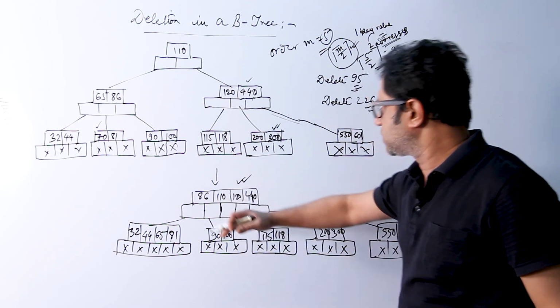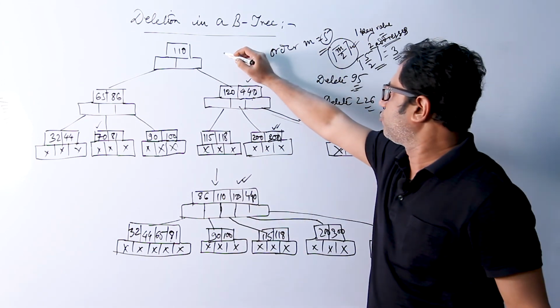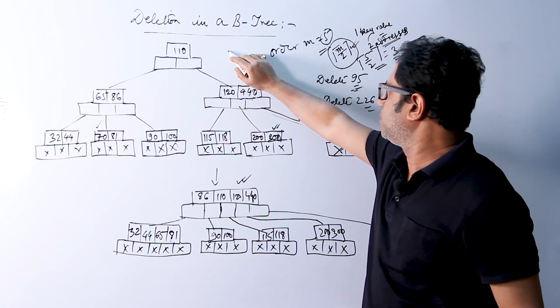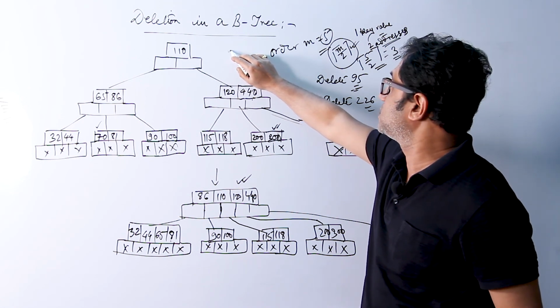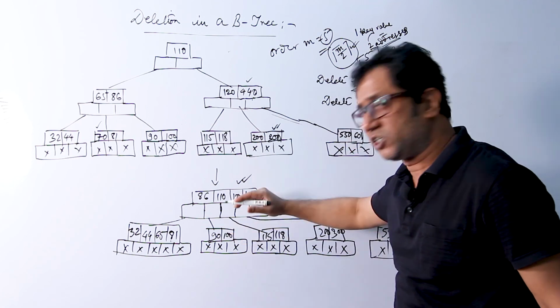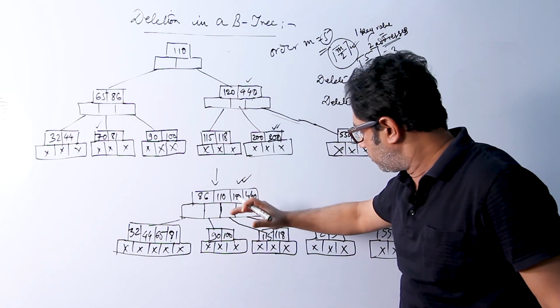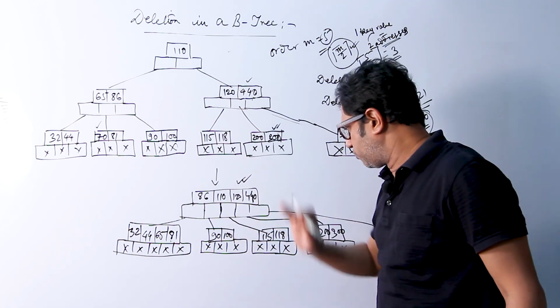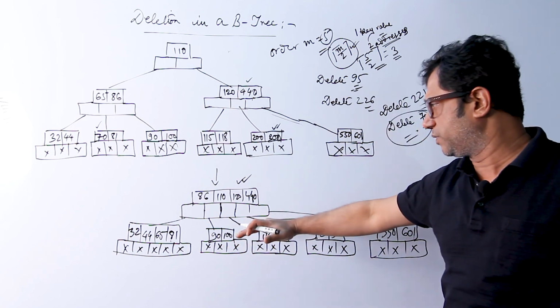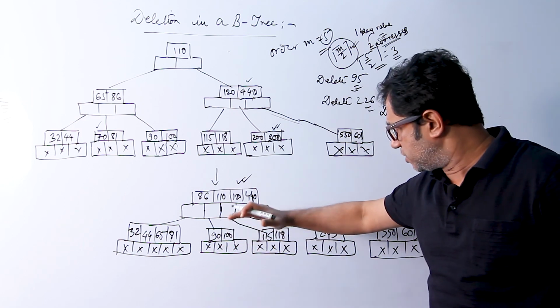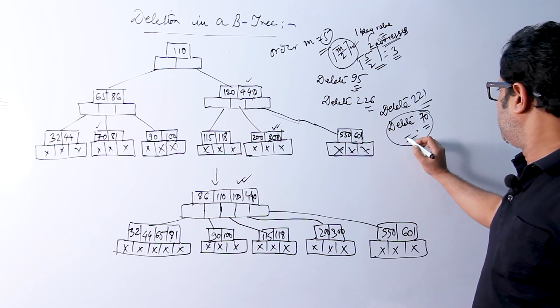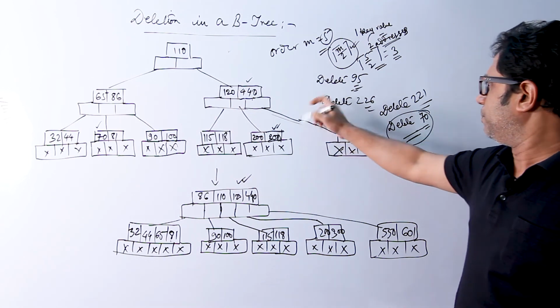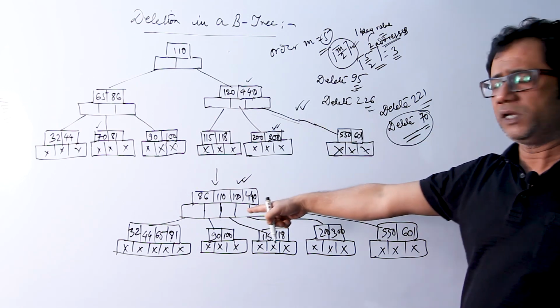And in this process we see that the height of the B tree, which was previously 3, has shrunk to 2 from 3. So the height of the B tree is decreased by the process of deleting 70 from the B tree. So it is a very interesting case to be noted.